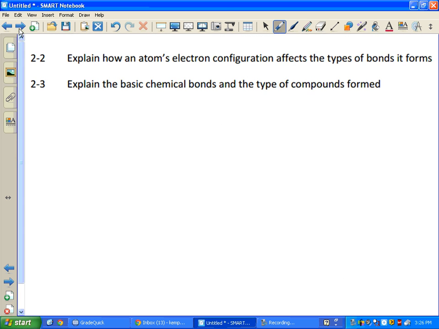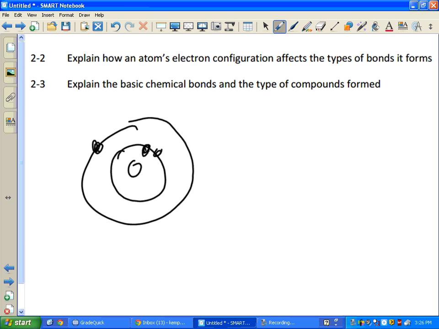Okay, so 2, 2, how an atom's electron configuration affects the type of bonds. All that really means is, let's do oxygen. Okay, 1, 2. It has 6 valence electrons. 3, 4, all by itself. 5, 6.